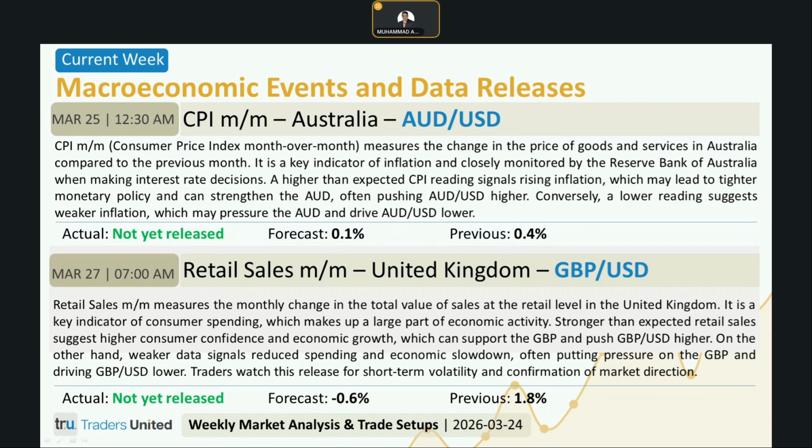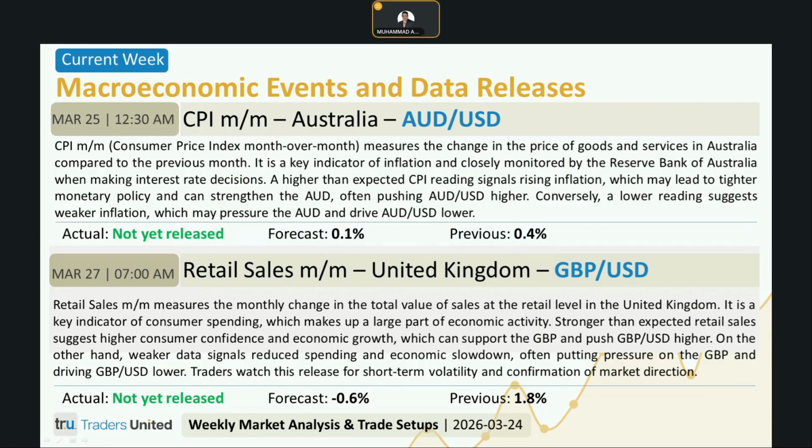So let me talk about market context and pre-release expectations. The forecast shows a drop in inflation from 0.4% to 0.1%, indicating expectations of slower price growth in Australia. This could reflect easing inflation pressure and a more stable pricing environment.